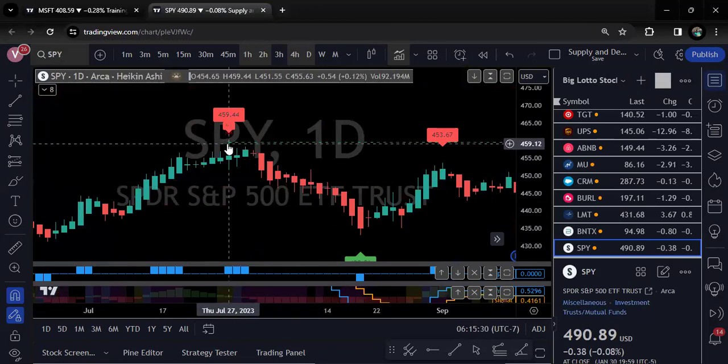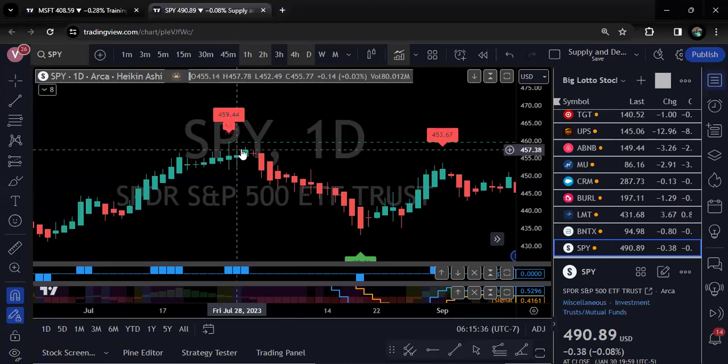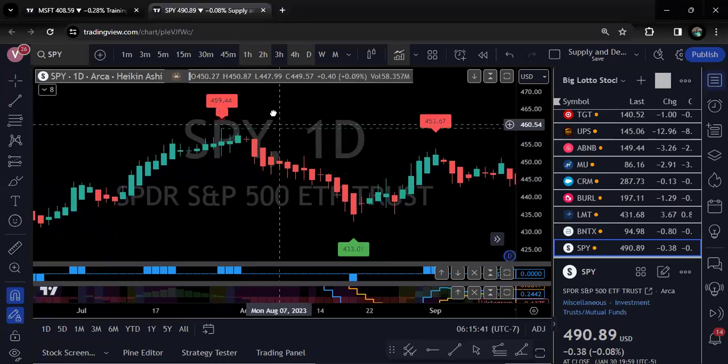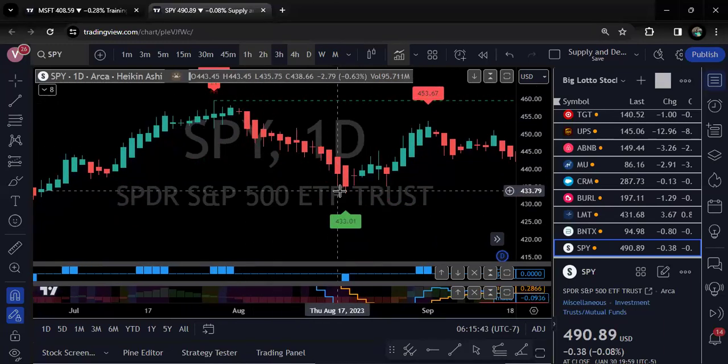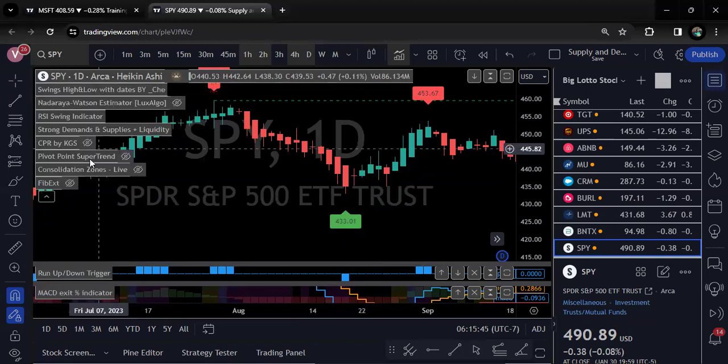So we had hit, this was July 27th, we hit 459. Okay, we failed to break this level for 3 days, and then we had this doji, and then we started dropping.